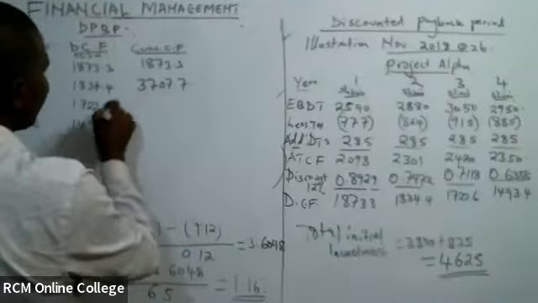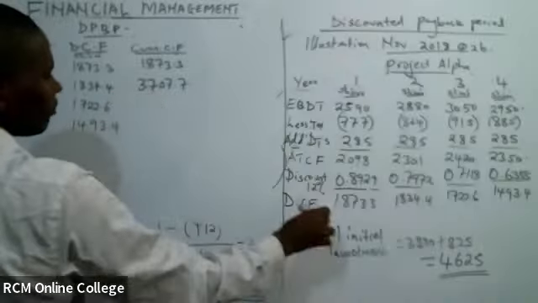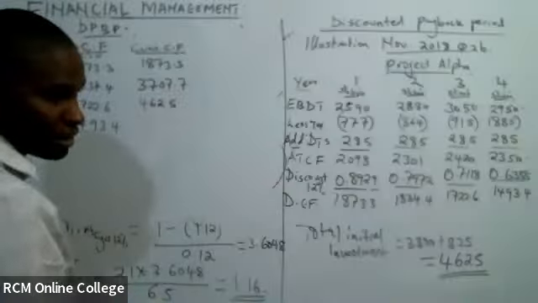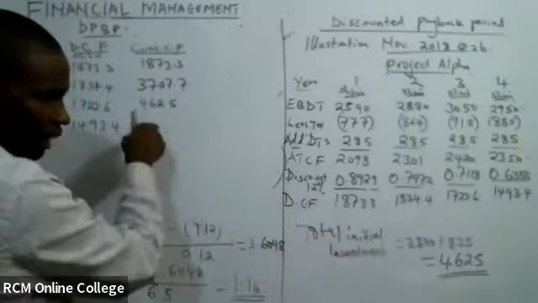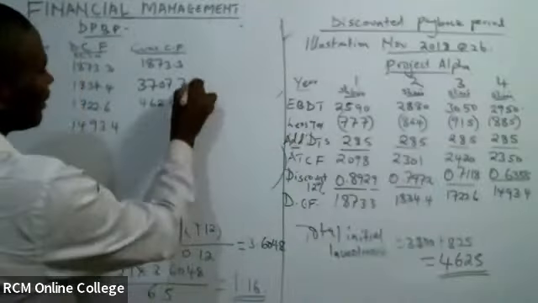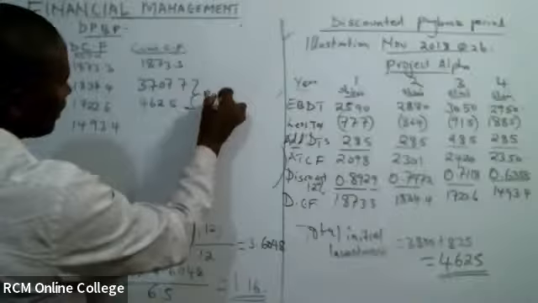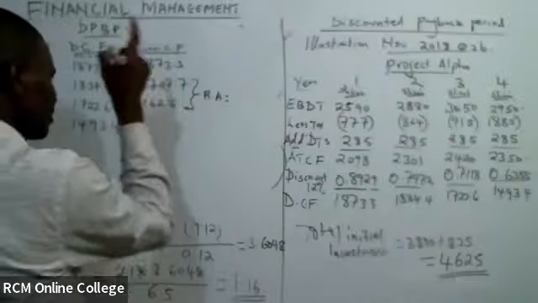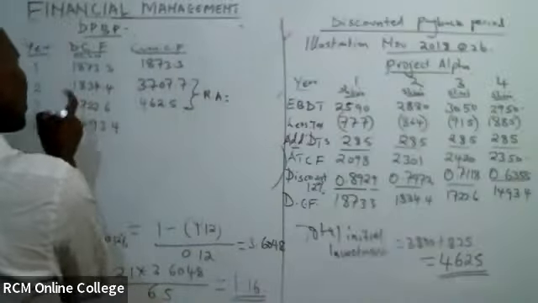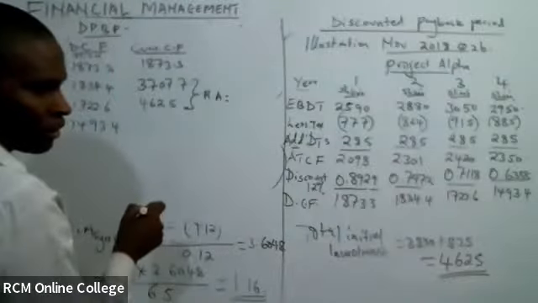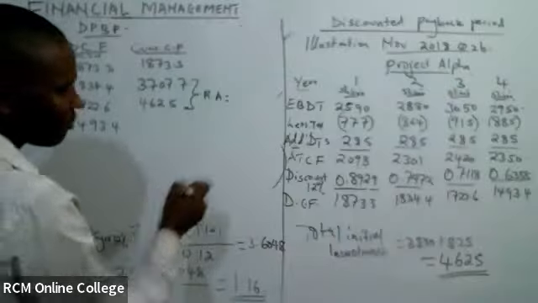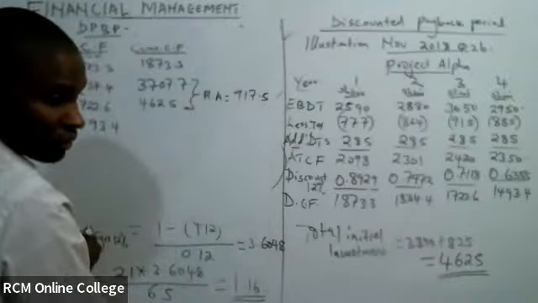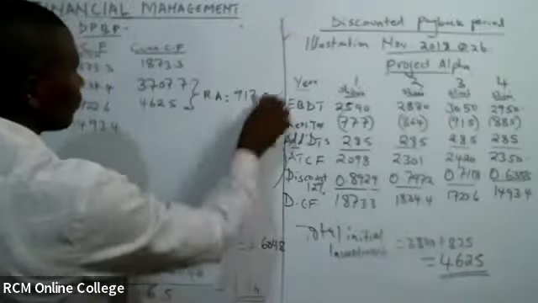So people are telling me that this will exceed. What I do is bring my 4625, and once I bring my initial outlay here, I put a curly bracket, direct, like that, and then I put A. That helps me remember that the remaining amount is what I need here. So I take this minus this. What remains? Somebody give me, is it 917.5? I hope it is 917.3. Good.